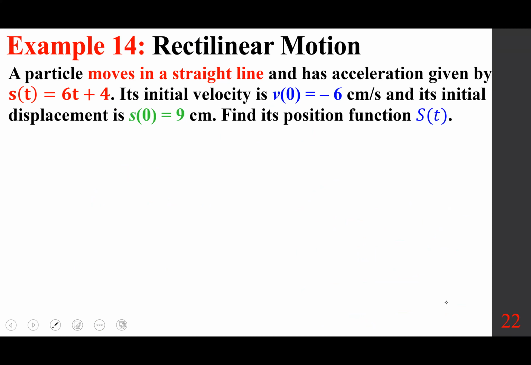Rectilinear motion. A particle moves in a straight line and has acceleration given by a of t equals 6t plus 4. This is a, acceleration.